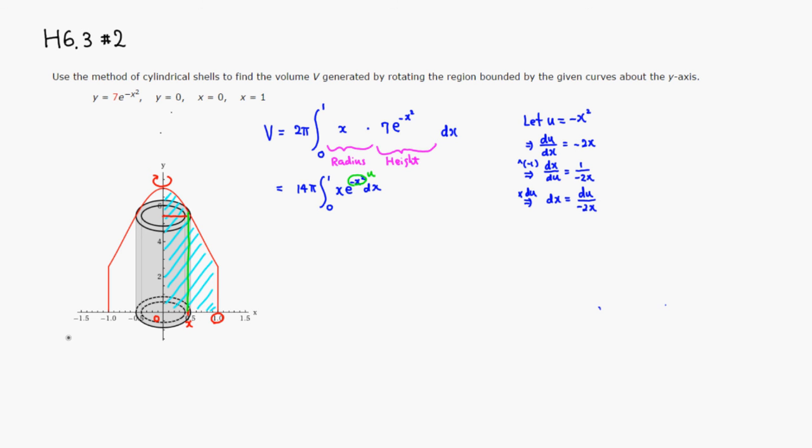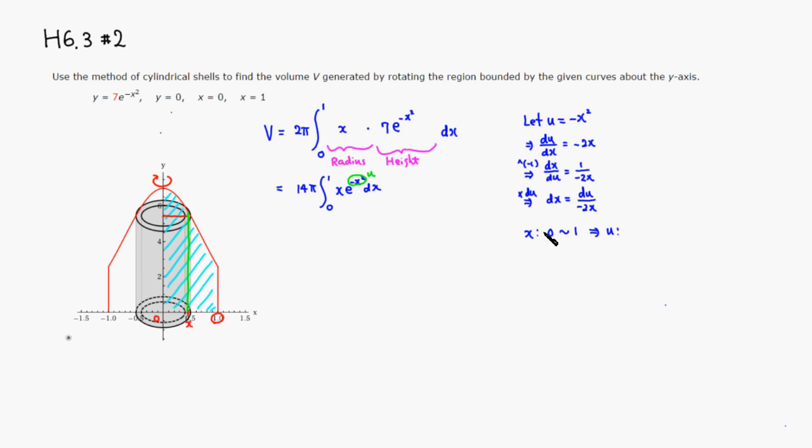Since this is a definite integral, we also need to adjust the lower and upper limits of integration. x originally goes from 0 to 1, so we have to turn those into u values by plugging into the substitution equation.